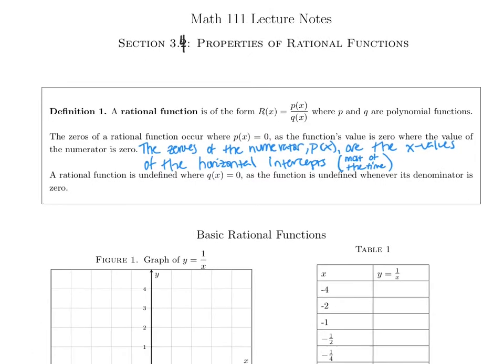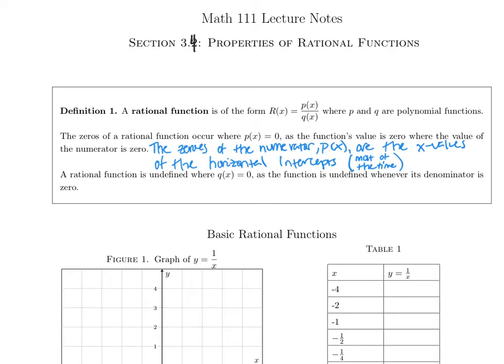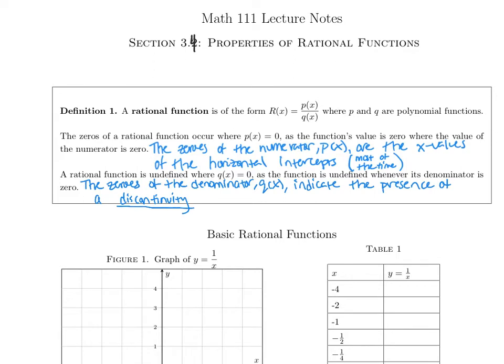So what it's really saying here is that the zeros of the denominator, so in this case q of x, indicate the presence of a discontinuity. I'm going to underline that because that's important.